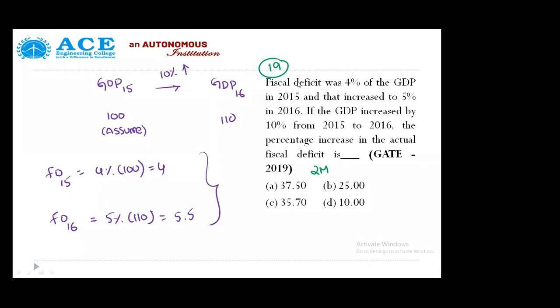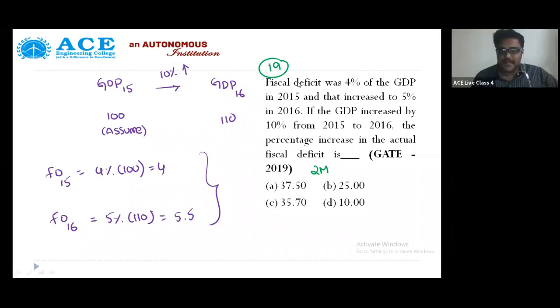Now let's see about this percentage increase or decrease here. In fact, they mentioned in the question percentage increase, so we can directly go ahead. Fiscal deficit in 2015 to fiscal deficit in 2016: 4 becomes 5.5. It's definitely an increase.